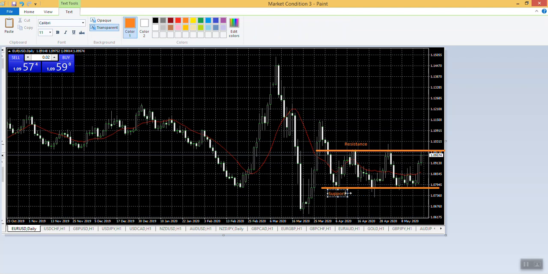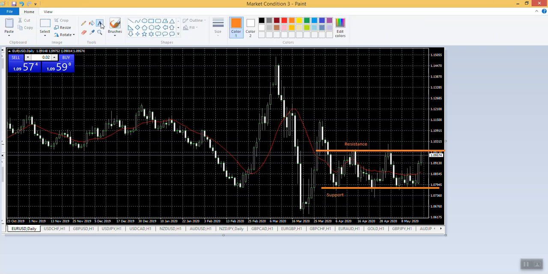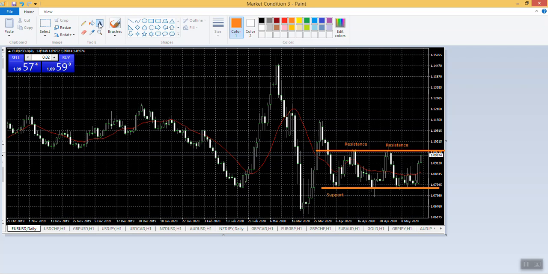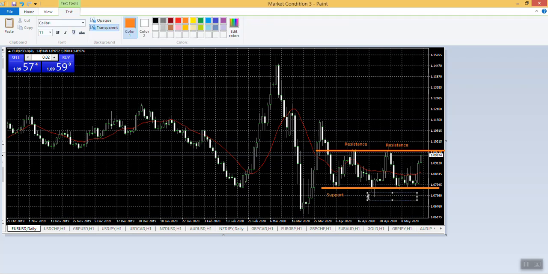So here we can see that we have support, resistance. Here as well, we also have another resistance upward here. We have another resistance here, and on this point we also have a support. Here we also have a support.